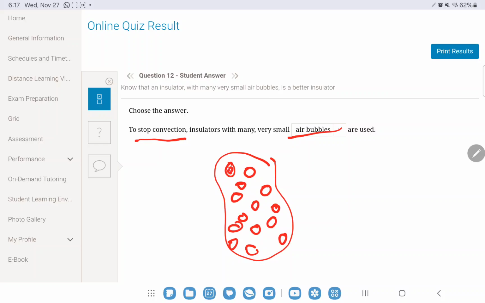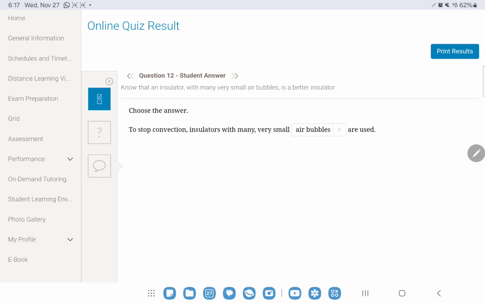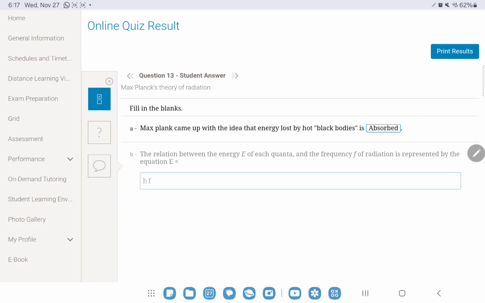So they'll happen on a very small scale, and the more air bubbles you have, the smaller the space for convection, so it gets stopped by how small the space they're convecting in is. So when you have more air bubbles, it's stopping the convection. It's more insulating. That's why sometimes when you see they put hot drinks in styrofoam, it's because it's an insulator. It doesn't let the heat reach you.